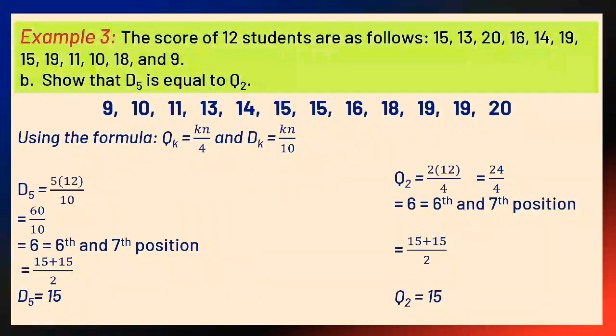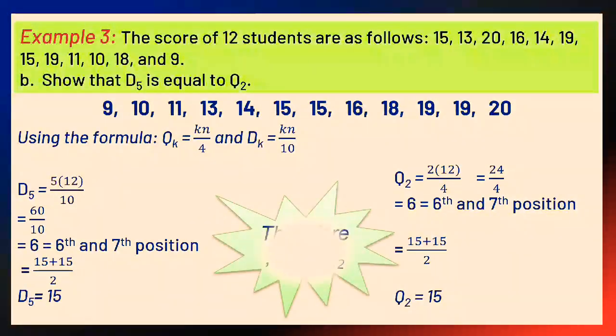The value of quartile 2 is equal to 15. So therefore, as you can see, class, the value of the fifth decile that we have solved is equal to the value of quartile 2. So therefore, we can conclude that the value of the fifth decile is equal to the value of quartile 2.